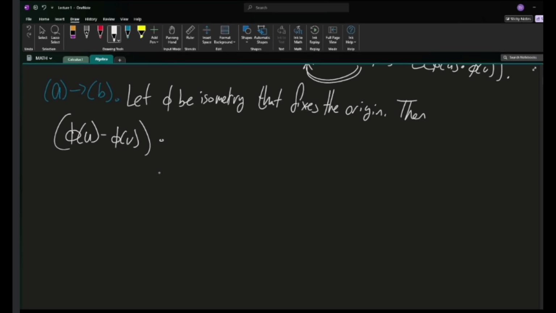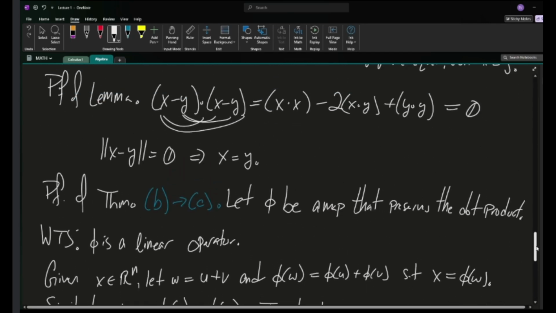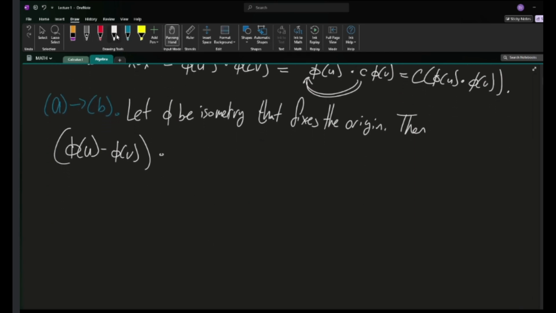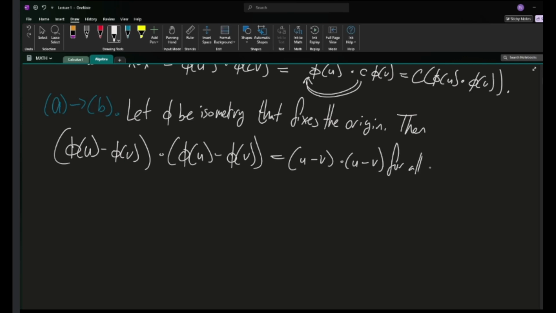And so taking what we did from the lemma previously, we could pull up the same exact conclusion of saying if we dot these two products of the same value, phi of u minus phi of v, since we're dealing with the origin, then that's equal to u minus v dotted with u minus v for all u, v in R.